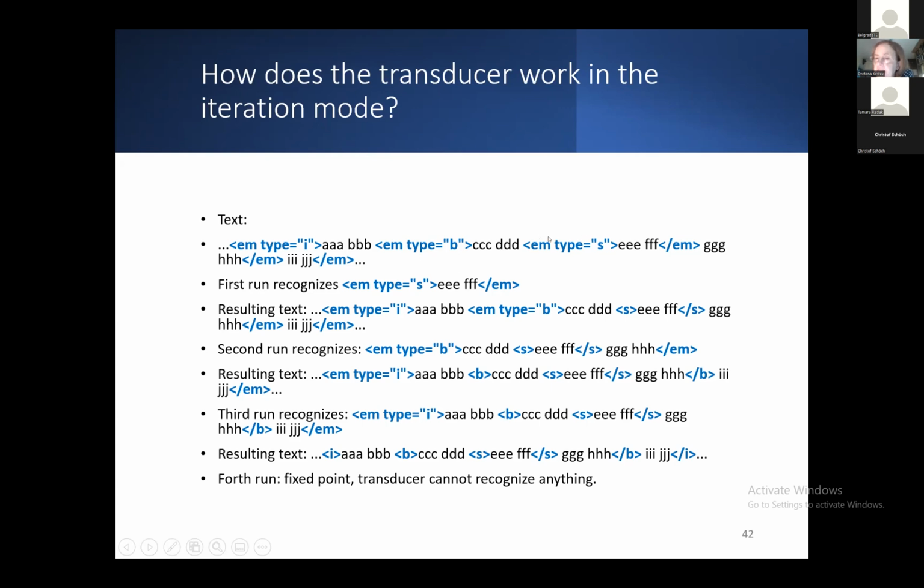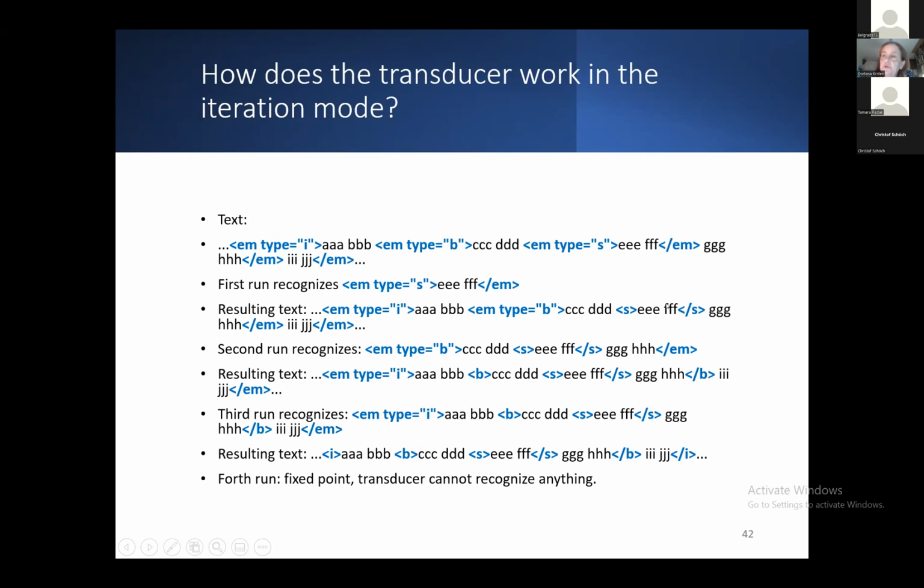It recognizes the start tag for EM, the end tag for EM, and these letters here, E and F, are allowed, and it will recognize this. As a result, we will obtain this same sequence, but now instead of the EM tags, we have E F inside S start and end tags.